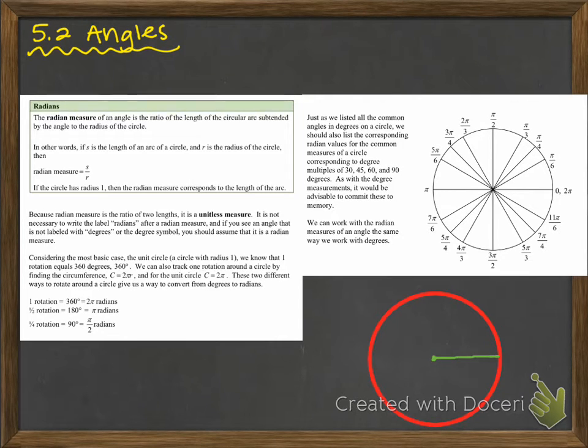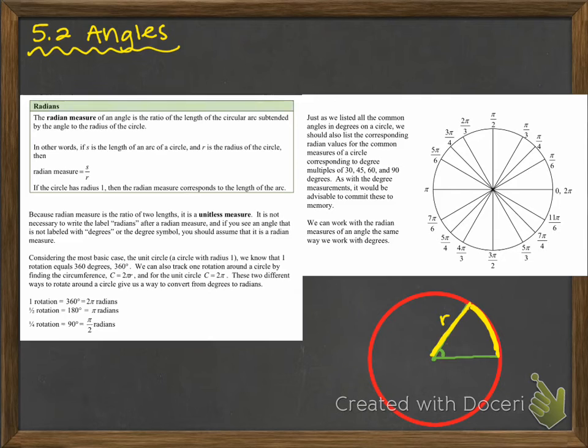We'll draw our initial side of our angle and our terminal side, and this is what creates the angle. So the radian is this ratio of the arc length, the length of the circle between those 2 points, compared to the side length, otherwise the radius of our circle.